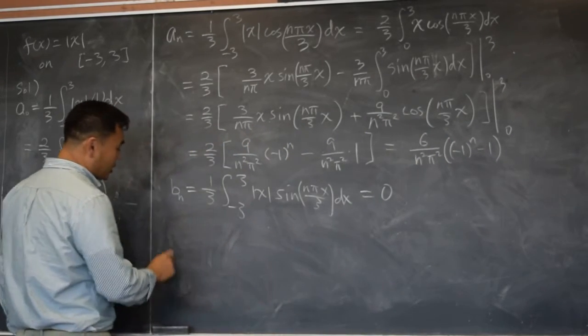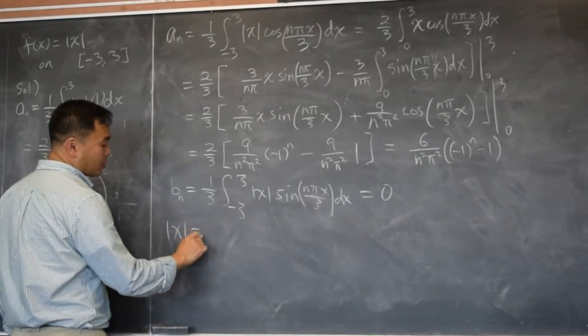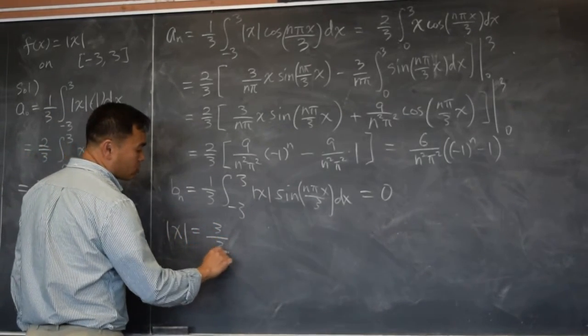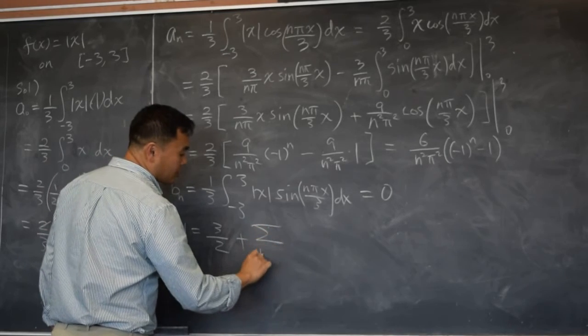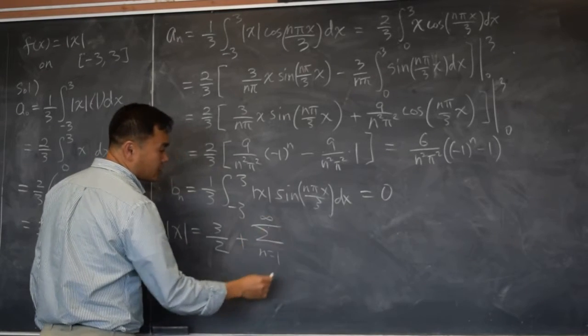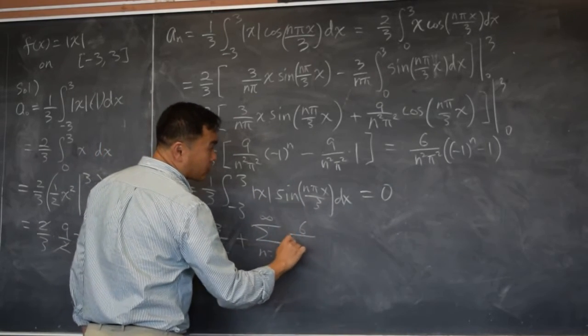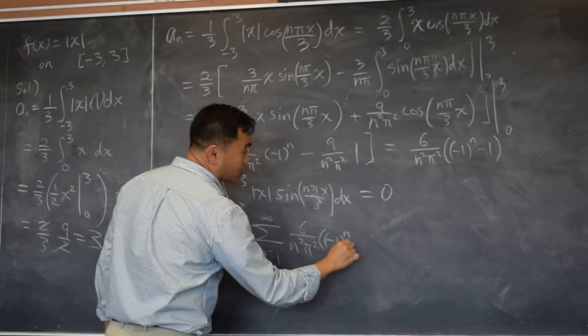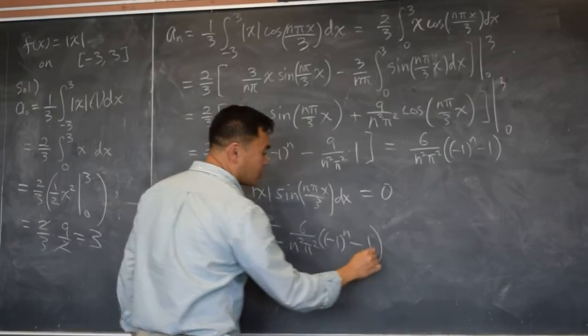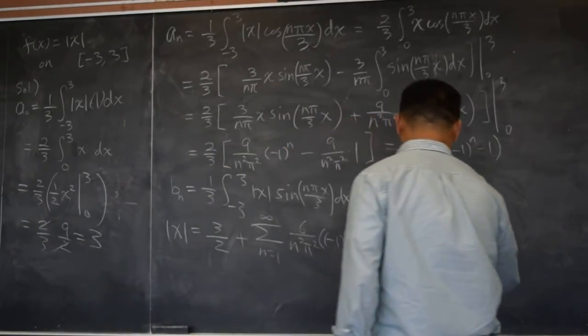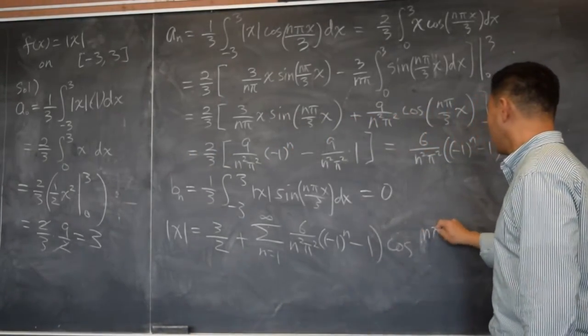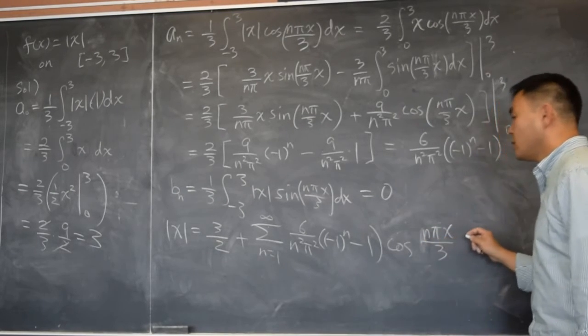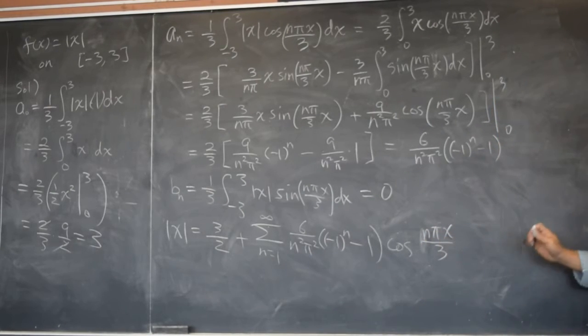Therefore, we can rewrite absolute value of x as 3 over 2 plus sigma n from 1 through infinity of 6 over n squared pi squared times negative 1 to the nth power minus 1, cosine n pi x over 3, and there's no sine term because all the bn's are 0.